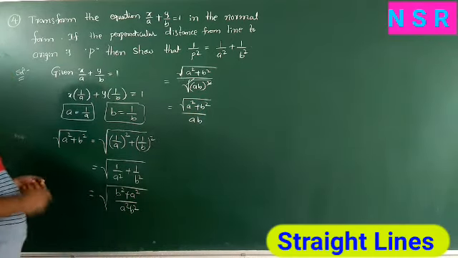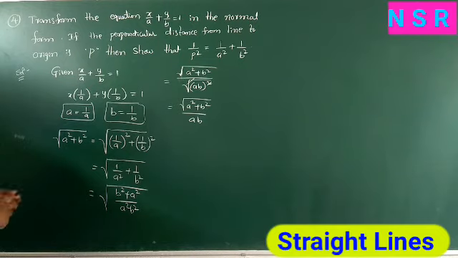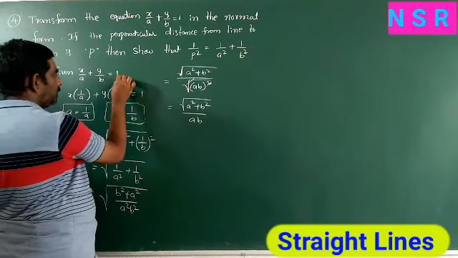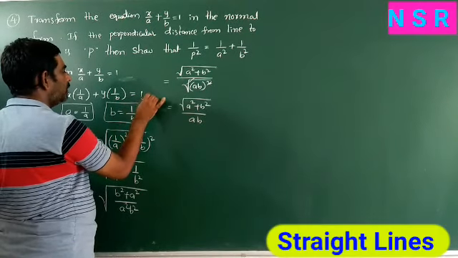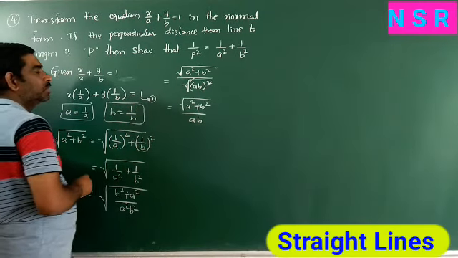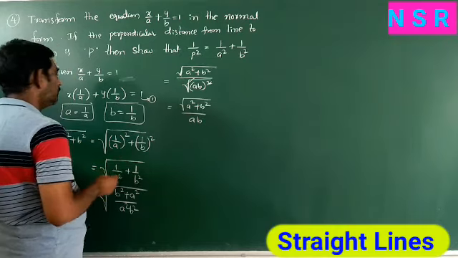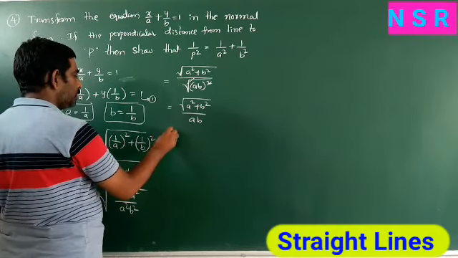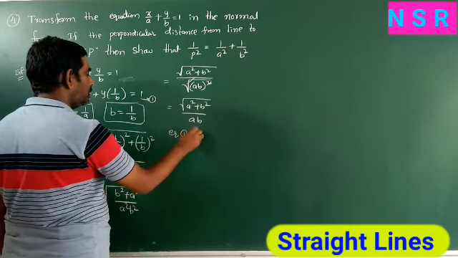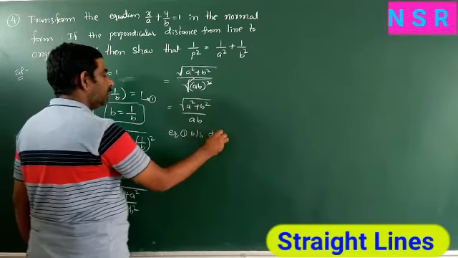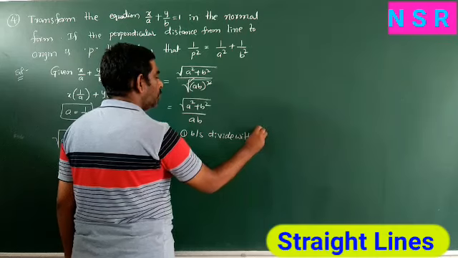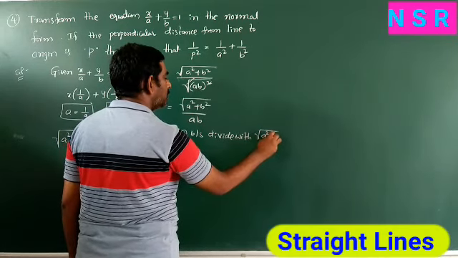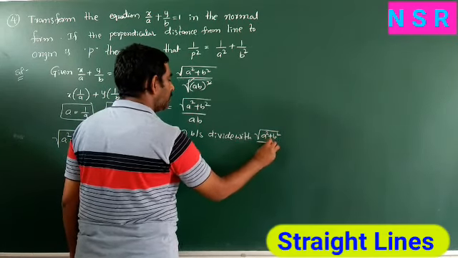So this is the value of the square root of a square plus b square. Now take this as equation number 1. On both sides of equation 1, divide with root a square plus b square by ab.